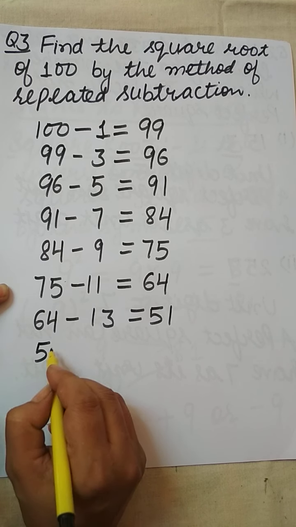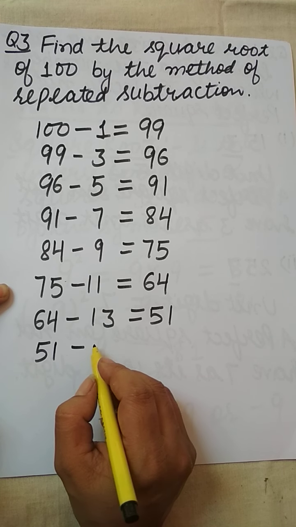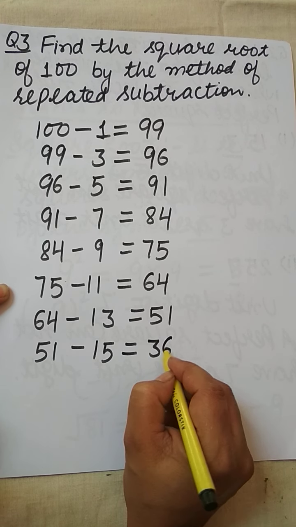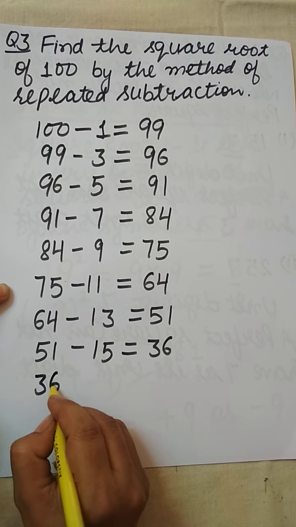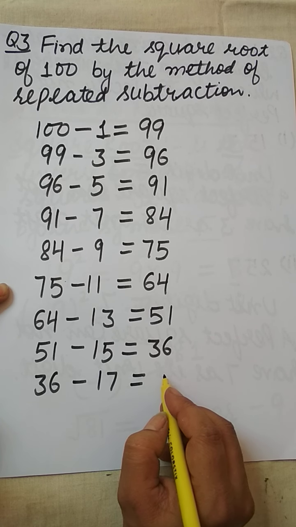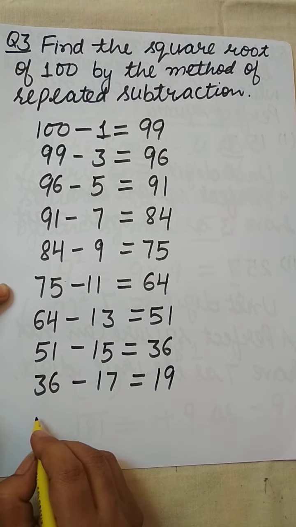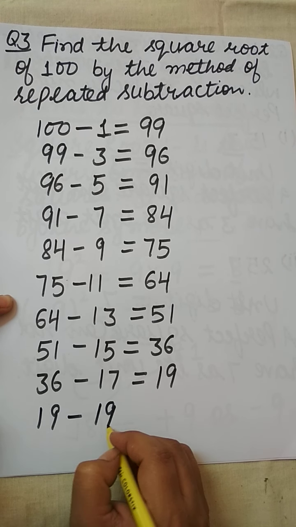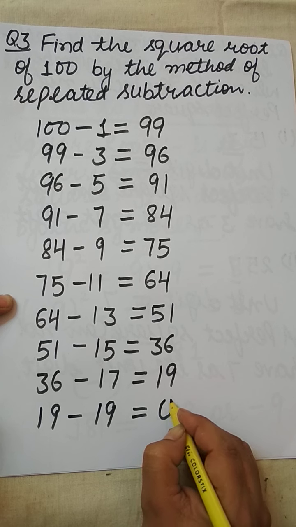Now 51 minus 15, it is 36. 36 minus 17, it will be 19. 19 minus 19 is equal to 0.